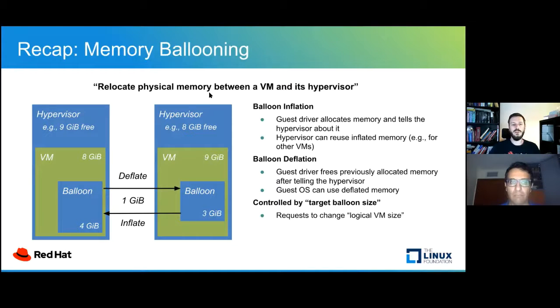The size of the balloon is controlled by a so-called target balloon size, which corresponds to a request from the hypervisor towards the virtual machine to change the size of the balloon. Now, this idea is pretty neat, and it has been used for decades already. And this is also why it has been used for all of the use cases we just saw.